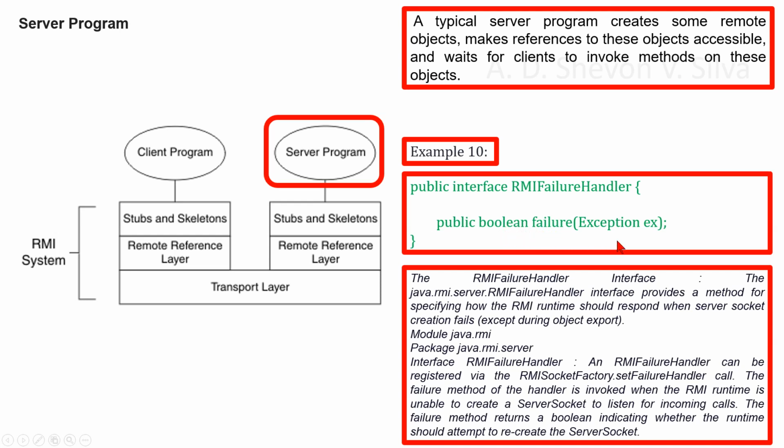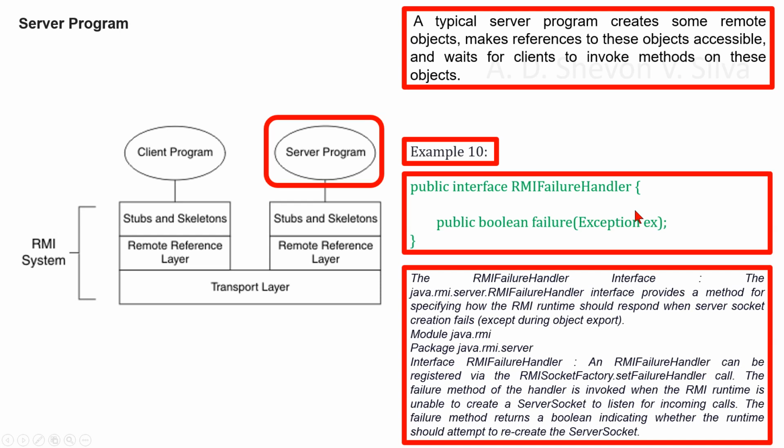Before this method can be invoked, a failure handler needs to be registered via the socket factory's set failure handler call. If the failure handler is not set, the RMI runtime attempts to recreate the server socket after waiting for a long period of time. Note that the RMI failure handler is not called when server socket creation fails upon initial export of the object.